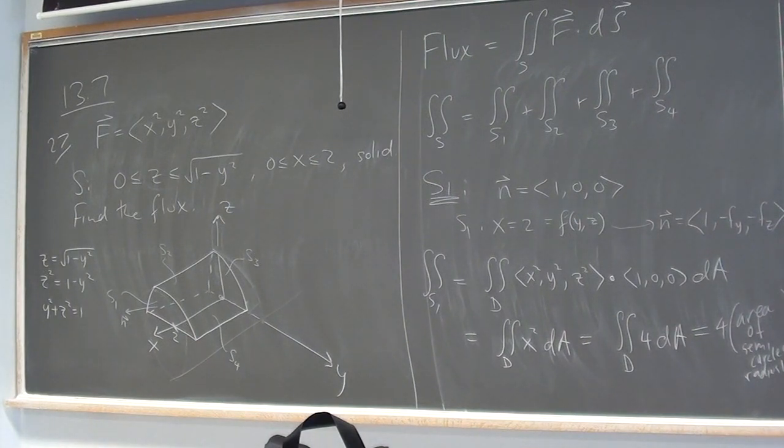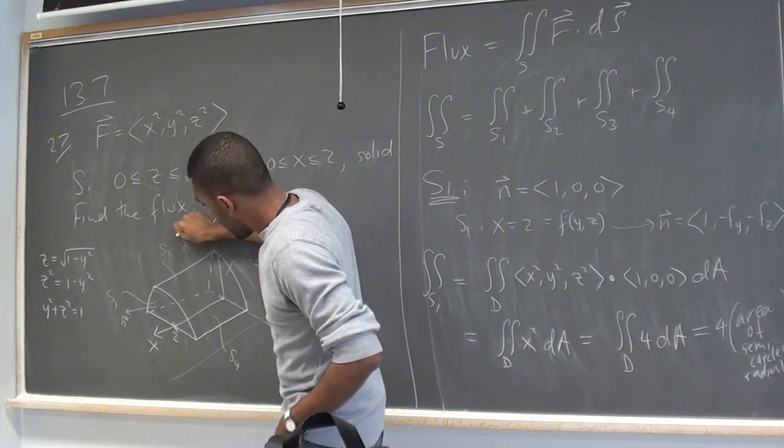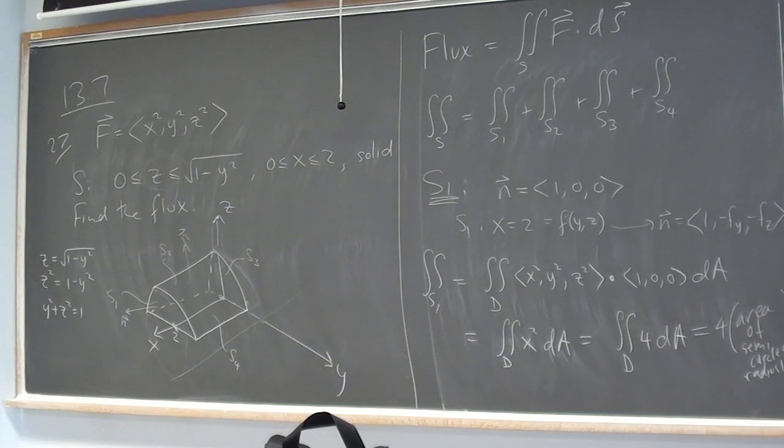And what's our surface for S2? This is z equal to the radical of 1 minus y squared, equals f of x, y. So here I would have normals pointing up. This implies my normal vector will be (minus f_x, minus f_y, positive 1). So I take the partial with respect to x, I get 0.